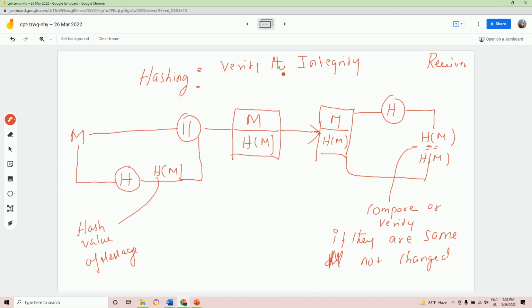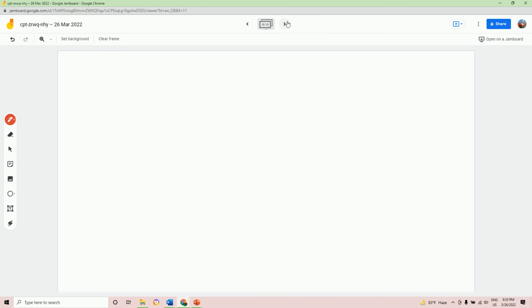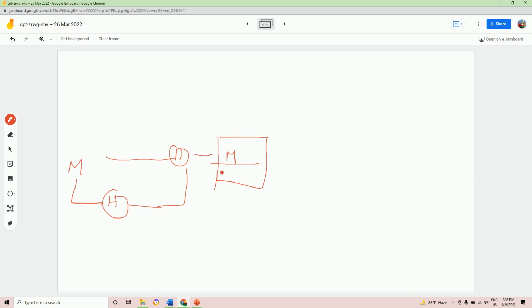So students, now I am once again explaining how to use the hash to verify the integrity of the data. Take the message, calculate the hash. So what you get is the message and the hash of the message.